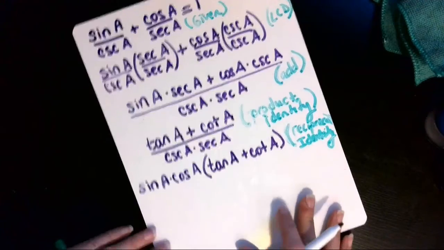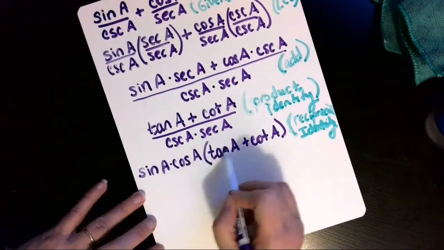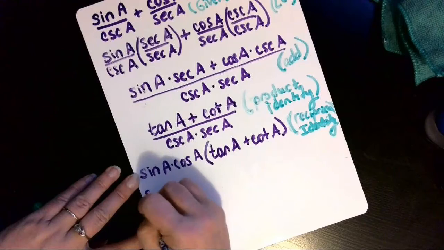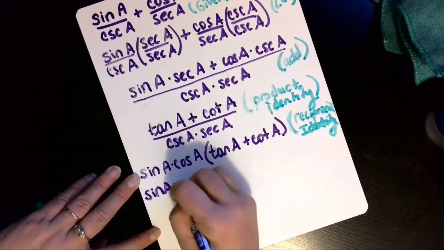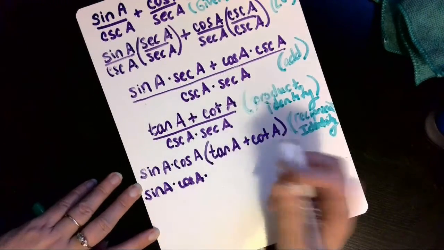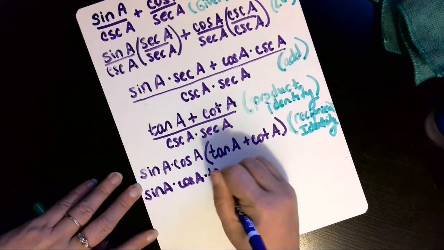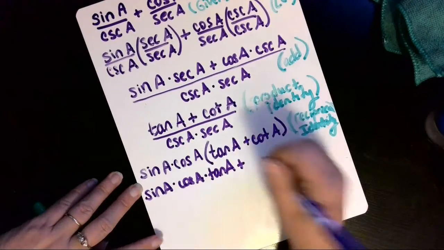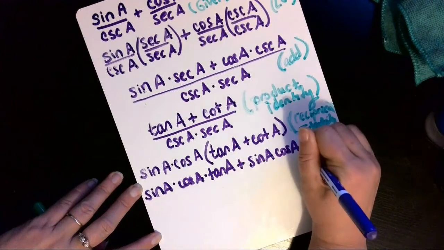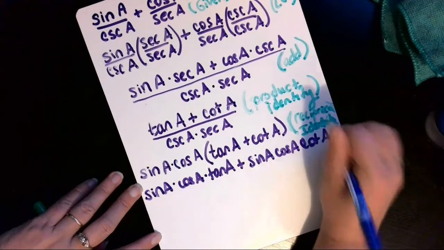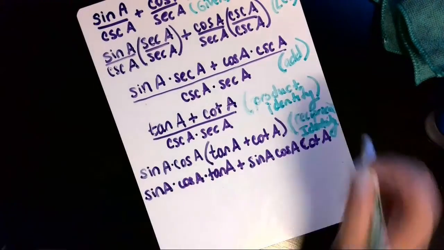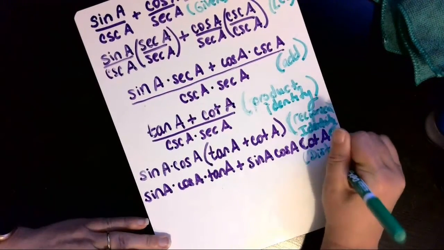Okay. And then in our next step, now we need to distribute. So we're going to have sine A times cosine A times tangent of A plus, and then sine A cosine A cotangent of A. And that was doing the distributive property.